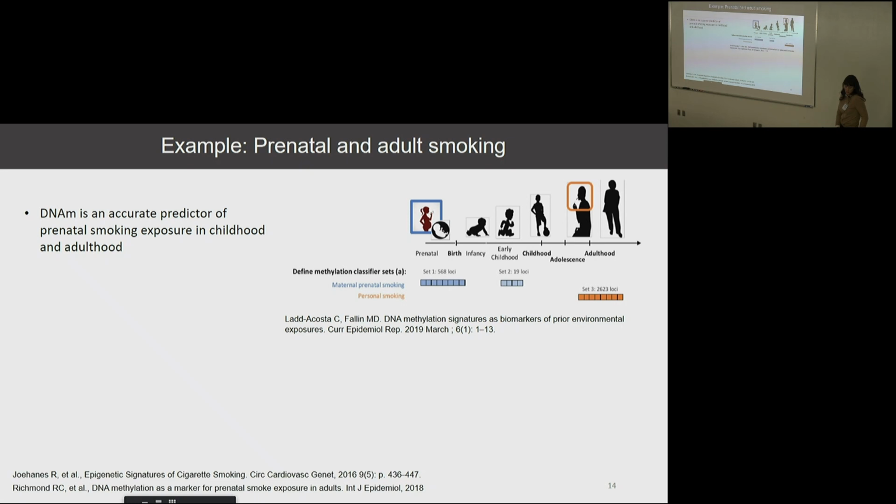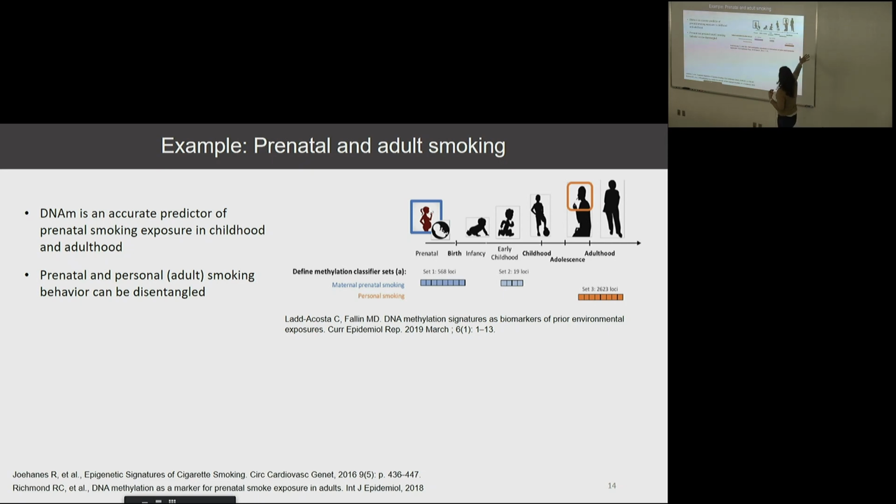DNA methylation is an accurate predictor of prenatal smoking exposure in childhood and adulthood. In fact, what they've shown in the literature is that CpG sites that get tagged when your mother smokes, these prenatal CpG site marks, are different from CpG sites that get tagged when you smoke personally in adulthood, and that these two things can be disentangled.